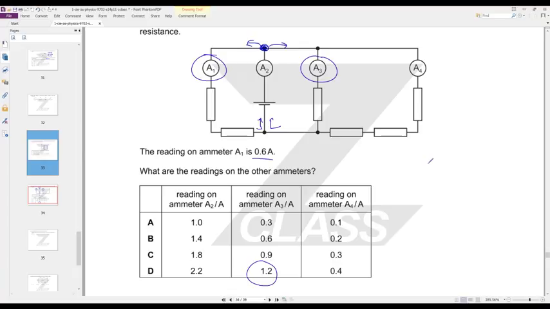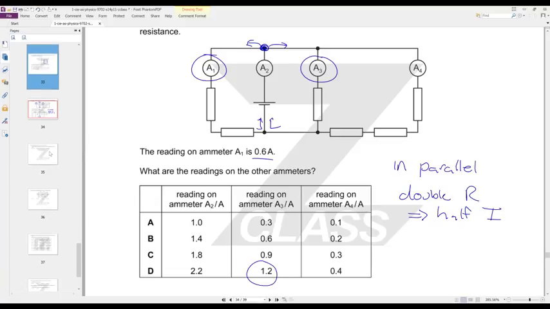The key point for this one is the idea that, let's write this down, in parallel, double resistance goes to half the current. And the same principle applies for a third or whatever it is, it's ratios. That's your key point here. I think that's a useful takeaway from this.